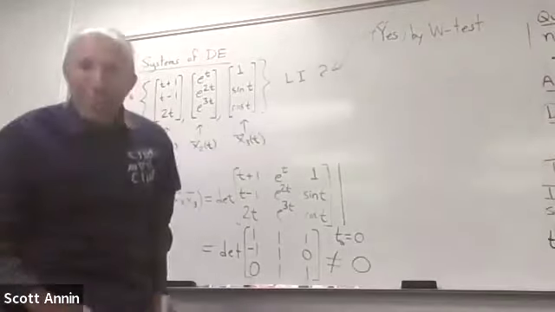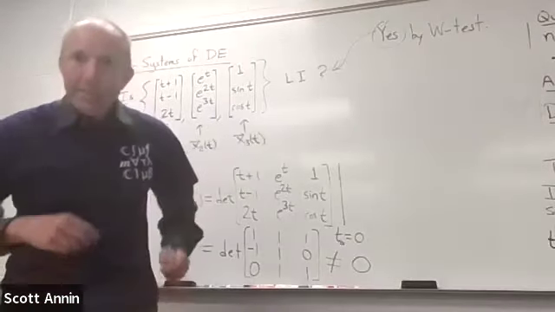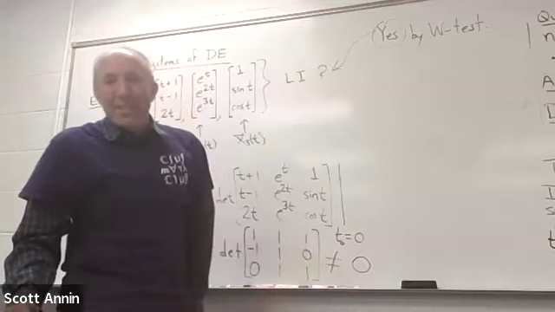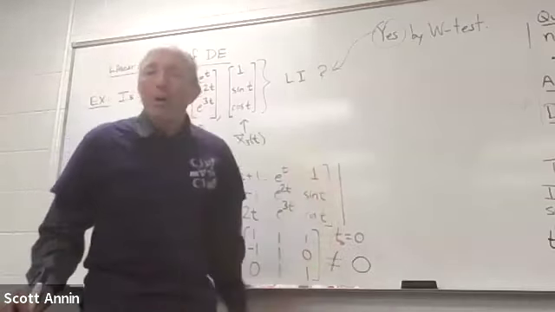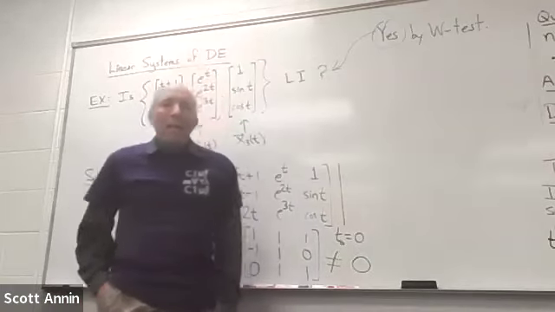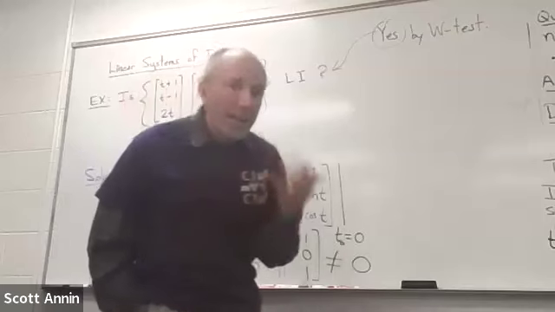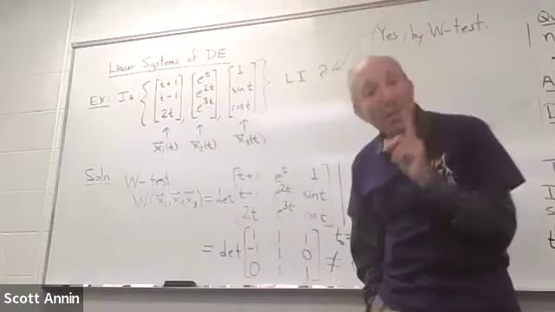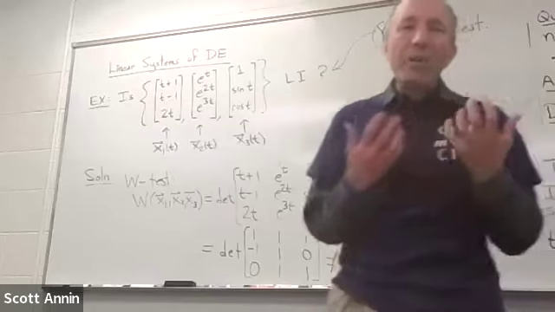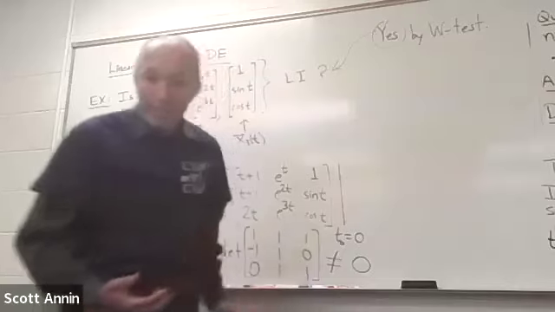Now, the question does come up, and it's a reasonable thing to ask at this point. What if we had gotten zero here? If we tried a value of t and we got zero the first time, that doesn't necessarily mean that these vectors are going to be LD. It might just mean that we got unlucky. We picked a value of t that did not work.